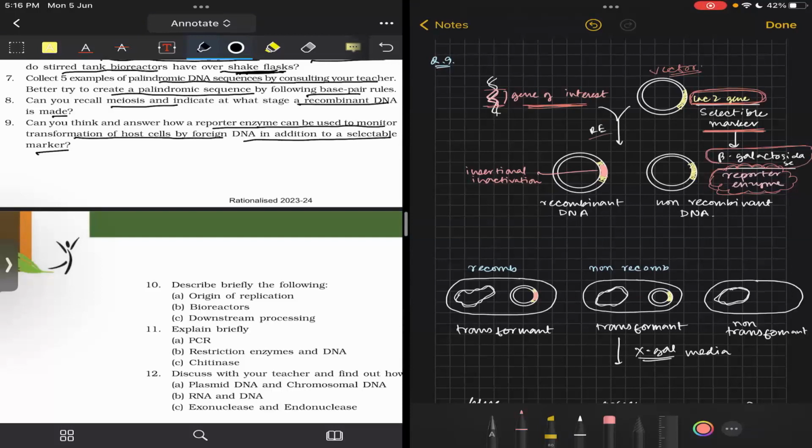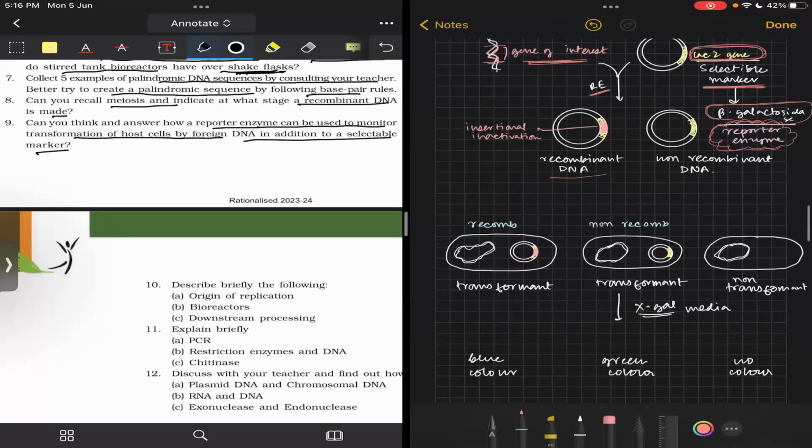So what happens, I'm using restriction enzymes to introduce the gene of interest into the vector. So there will be some DNA that will be recombinant, and the recombinant DNA will get inserted into the site of the LacZ gene, and it will cause insertional inactivation. So the beta-galactosidase enzyme, that is essentially the reporter enzyme, won't be produced, and in non-recombinant DNA, the enzyme would be produced.